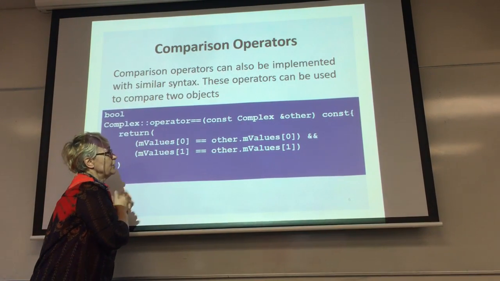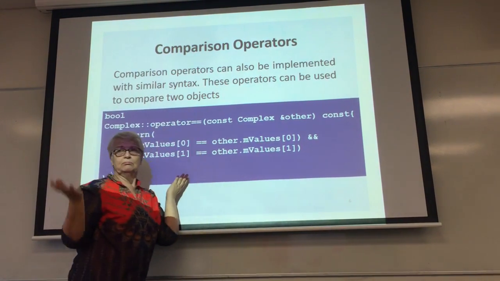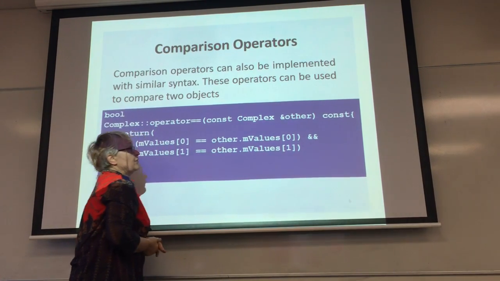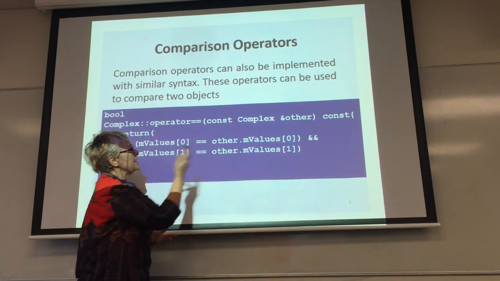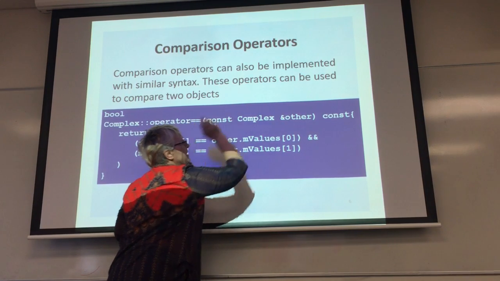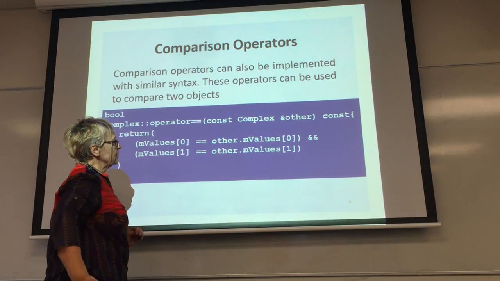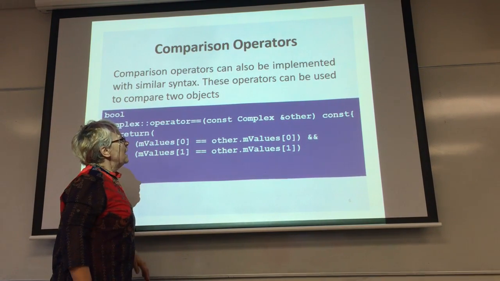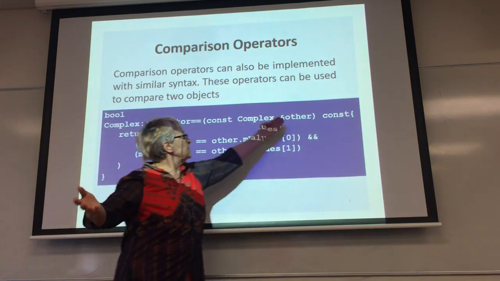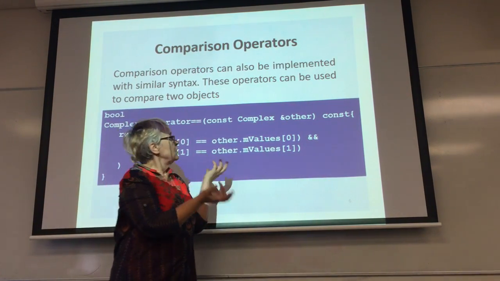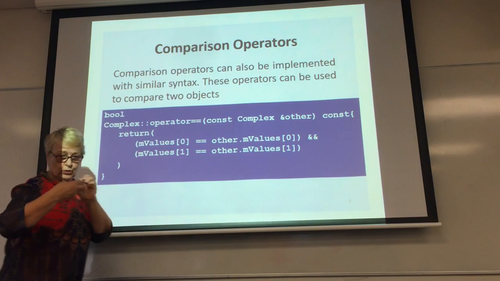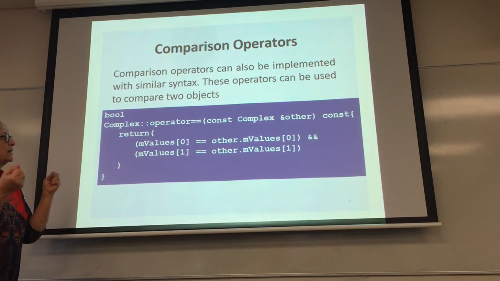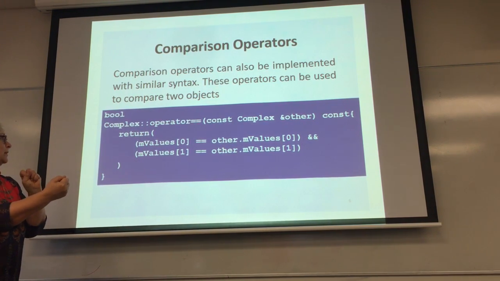Okay? It takes a reference constant, again, efficiency, avoid copying sometimes very large structures or classes, and it's no semantic to change, as I said, any of the values you compare.